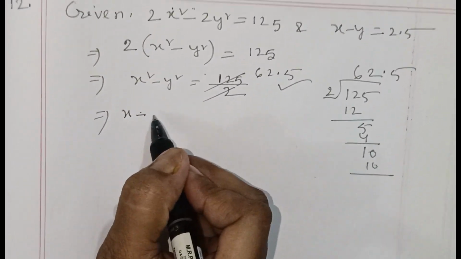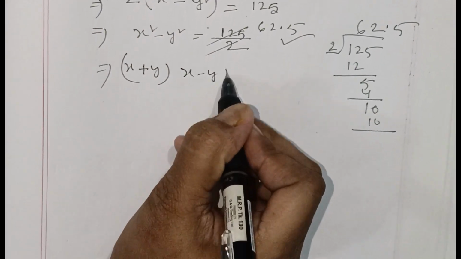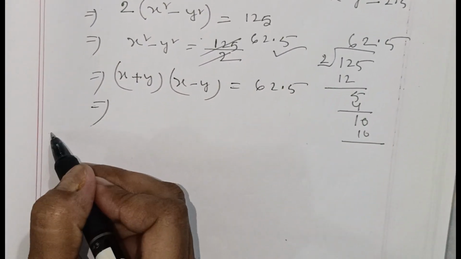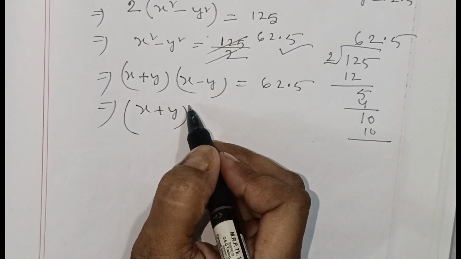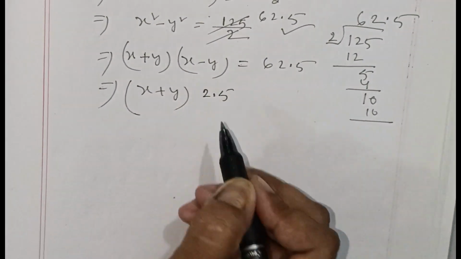So we put the formula a plus b: x plus y and x minus y. Okay, so x plus y here and x minus y value given as 2.5, so that's why I put down 2.5.